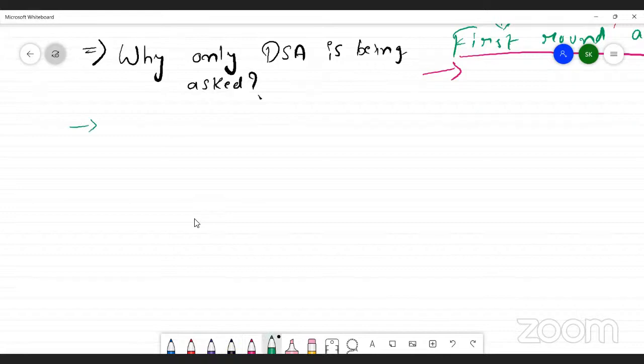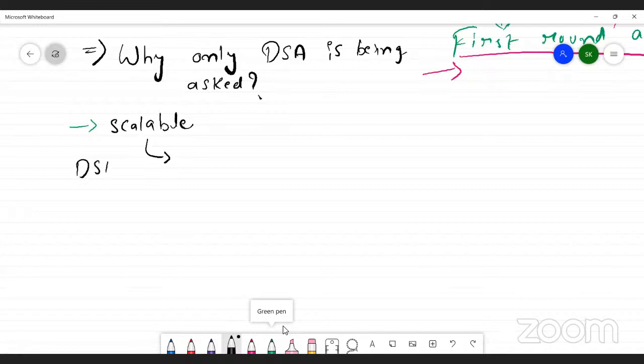So the answer to this, why only DSA is being asked, is because it is scalable. Now you must be asking how it is scalable. There are so many questions in DSA which you can solve using the basic approach.